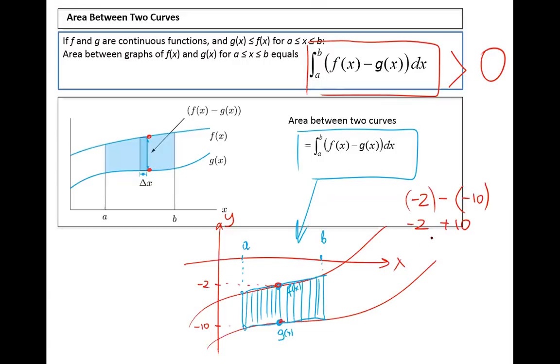Negative and negative is positive. And of course, this is 8, positive. That's what I would like to show you, that even if everything is placed below the x-axis, we will still have a positive answer if we're looking for the area between two curves. Because this subtraction always gives me a positive number.